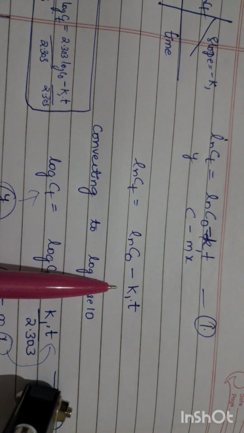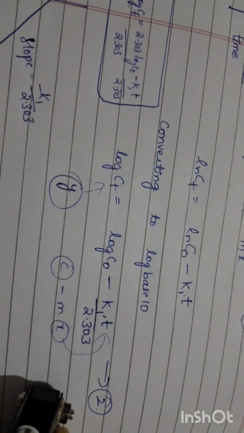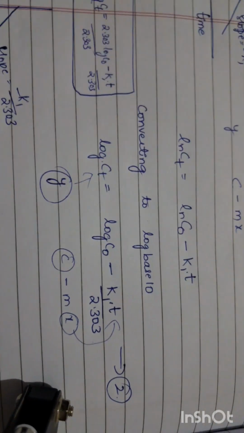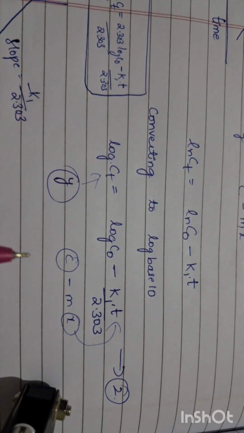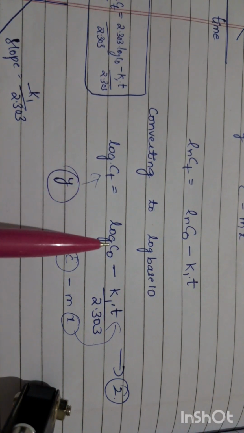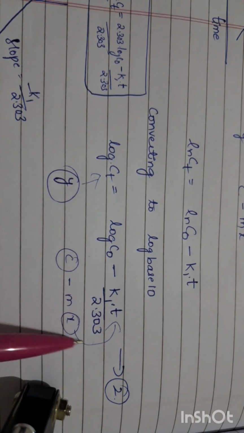Next, we convert this first equation to logarithm base 10. When we convert natural logarithm to logarithm base 10, we need to multiply by 2.303. So log Ct is equal to log C0 minus K1 T by 2.303.